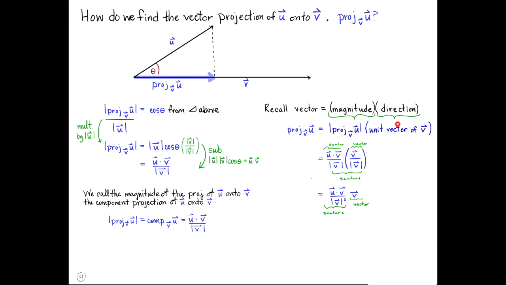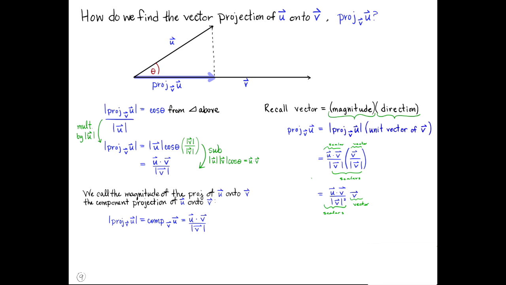Simplifying, we have in the denominator the magnitude of v times the magnitude of v, quantity squared, and in the numerator u dot v, times our vector v. Our projection is parallel to the vector v, and the coefficient of v is u dot v over the magnitude of v squared, a scalar, times the vector v. That gives you the formula for the projection of u onto v.